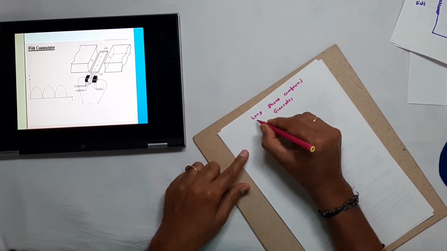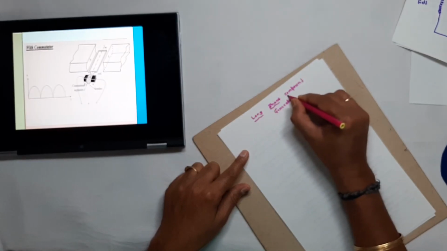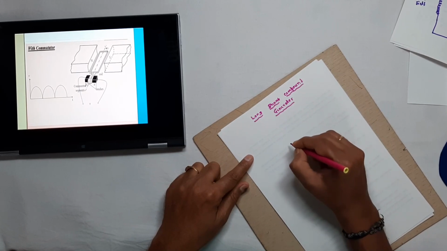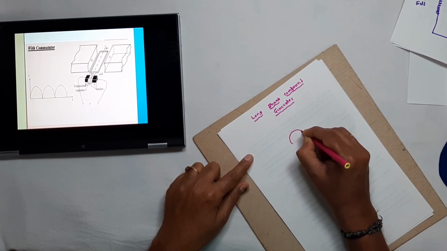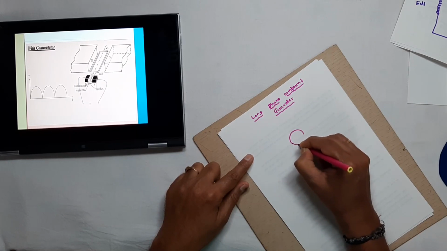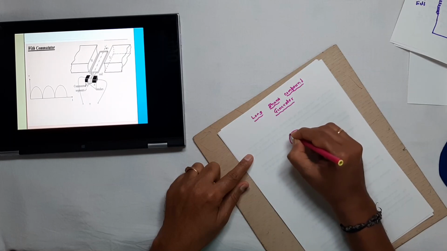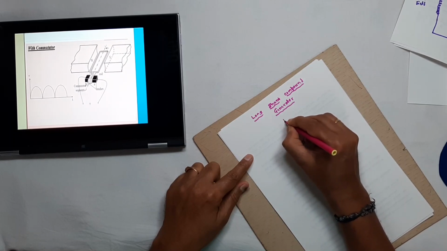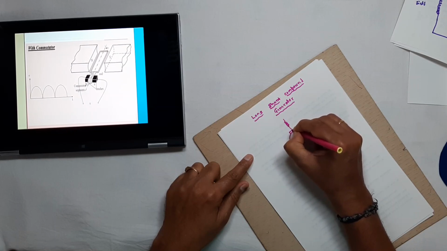Once again, here we have two windings, series as well as shunt field winding. This is your armature. There is a series field which is connected in series with the armature.